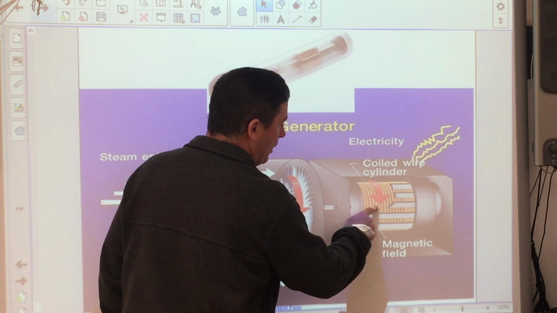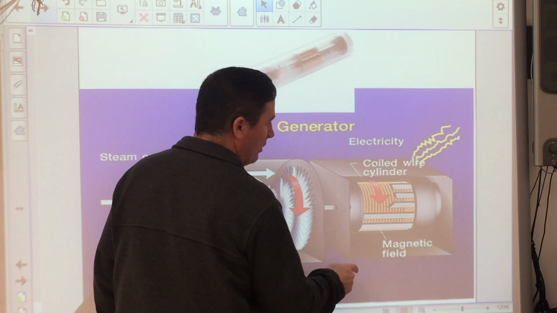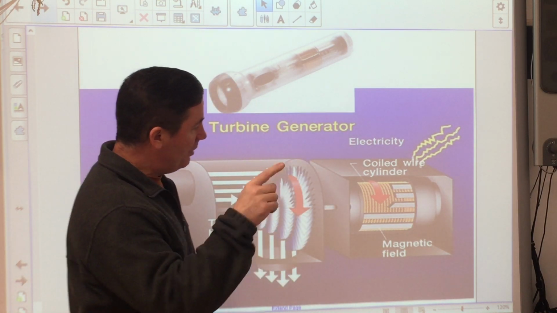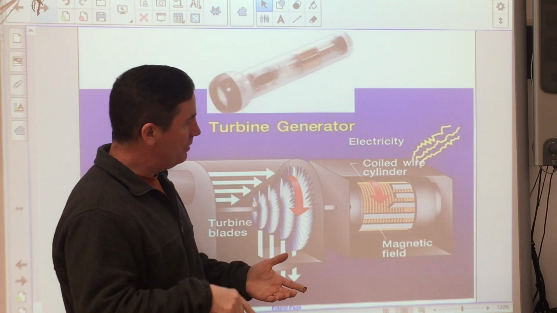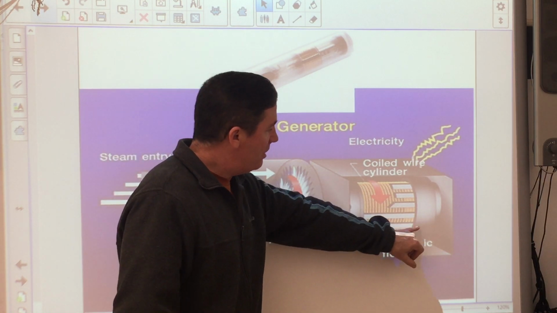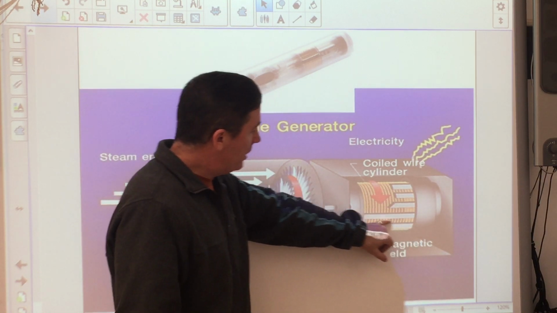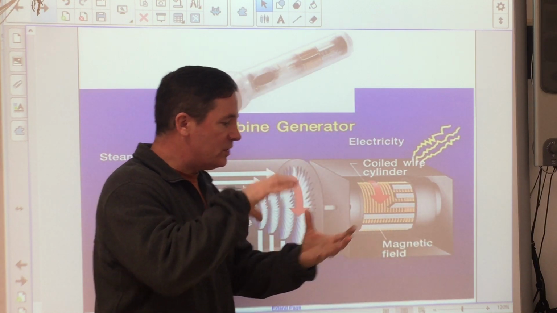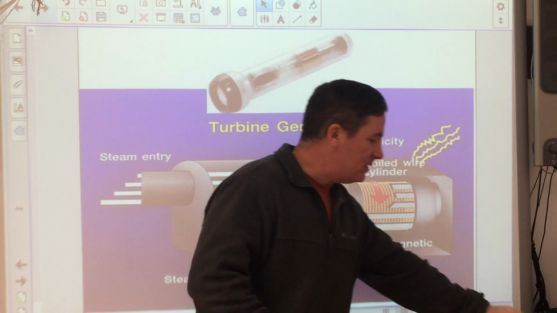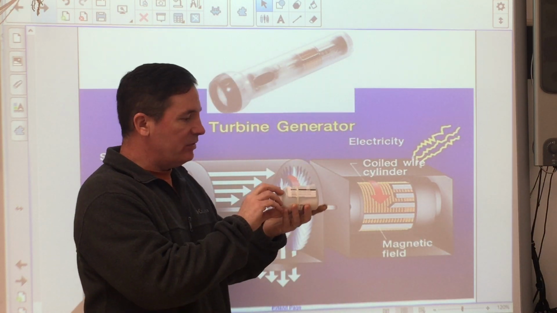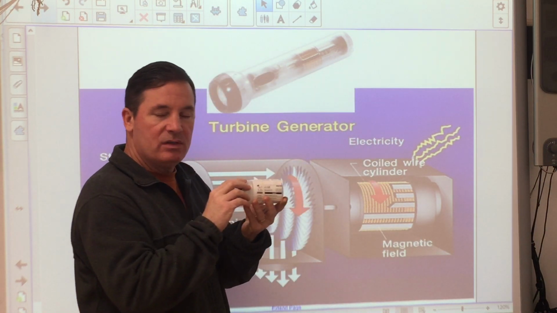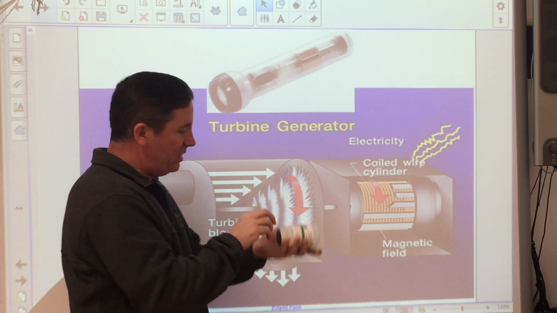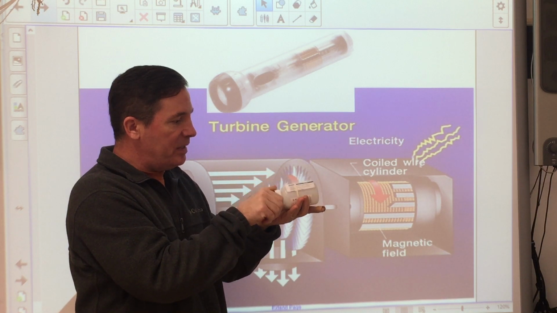This copper-colored area here is copper. So they basically take copper wire and wrap it around a giant cylinder. And when they have that, they take giant magnets and surround the whole cylinder with magnets. So here is the cylinder, and it's covered with copper, and it's constantly spinning because it's attached to this. So the steam makes this spin.